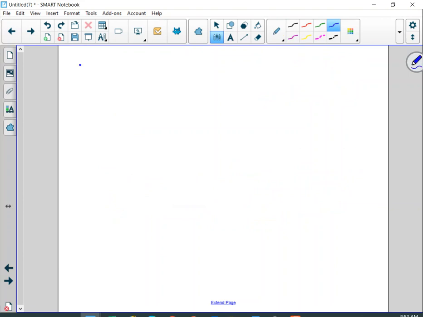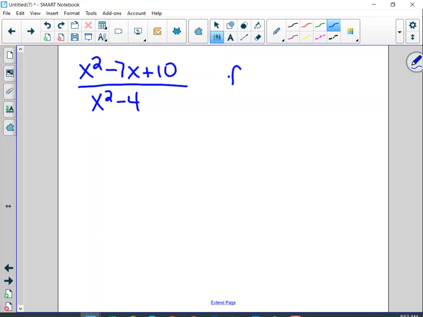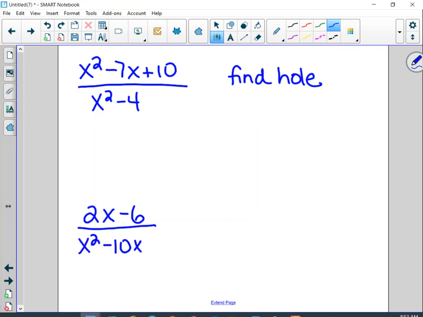So we're taking x squared plus x plus 10 over x minus 4. Find the hole. And then 2x minus 6 over x squared minus 10x plus 21.